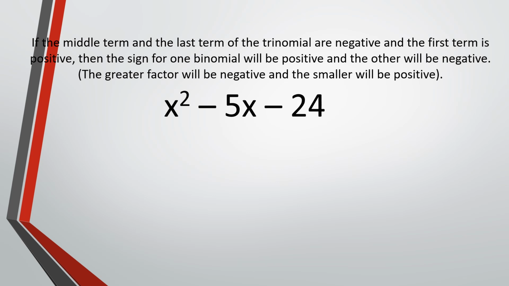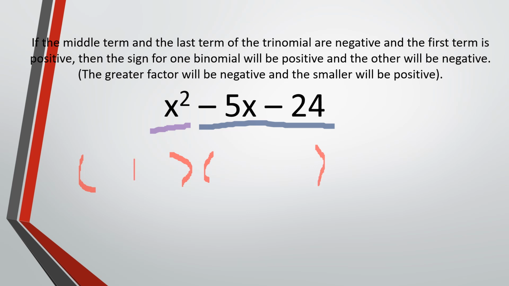Now if our middle and last terms are negative 5x and negative 24, and the first term is positive x squared. Now again, one binomial is positive and the other binomial is negative.